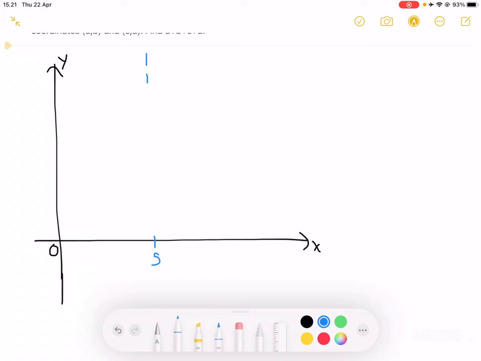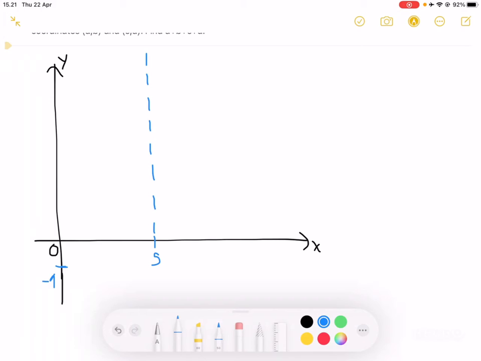Let's just draw an imaginary vertical line. And for the graph 2x minus 1, notice it intersects the y-axis at y equals -1. So let's just say it is around there.